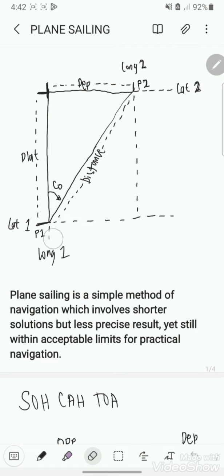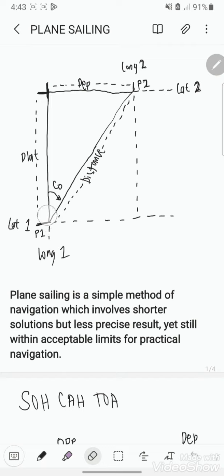So we'll proceed here. As you can see in the illustration, this is your position 1, meaning your present position, and you intend to go here, your position 2. This will be your arrival point, and this is your latitude 1, parallel to the equator, and this is also your longitude 1, parallel to the prime meridian.